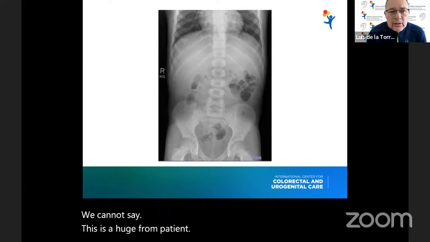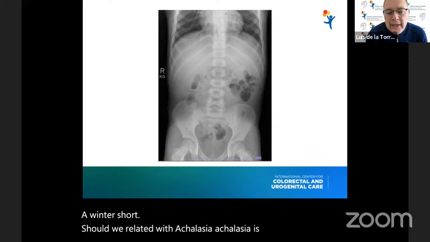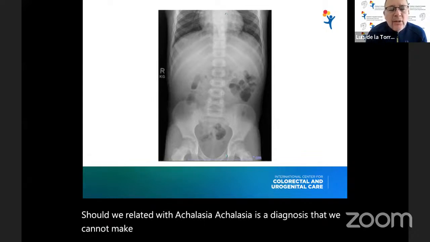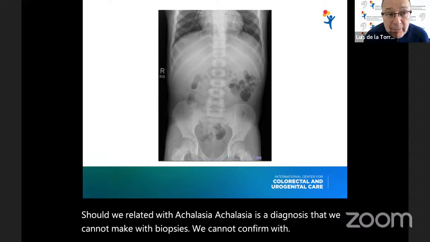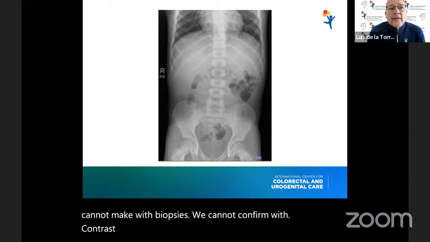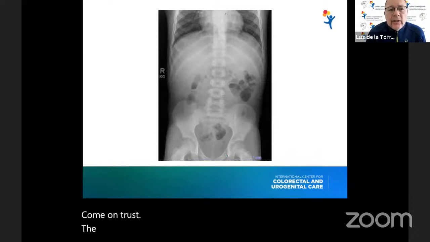Ultra short should be related with achalasia. Achalasia is a diagnosis that we cannot make with biopsies. We cannot confirm it with contrast enemas. Usually, the diagnosis of achalasia in the anal canal is done by a rectal manometry.